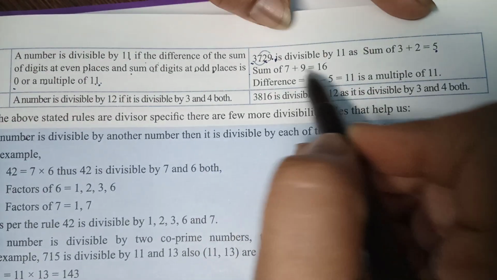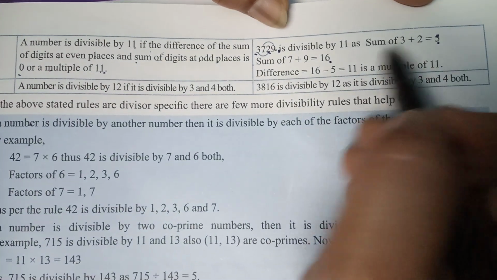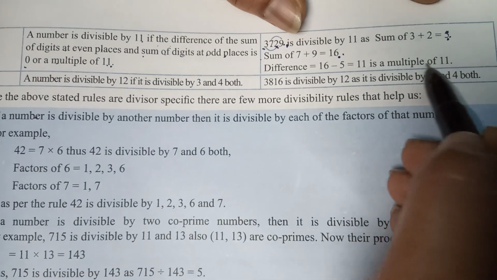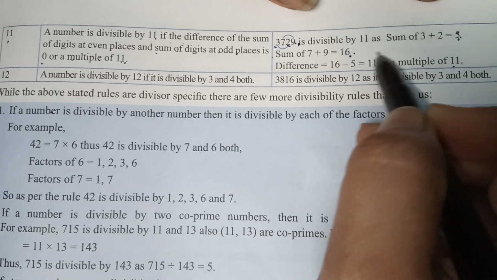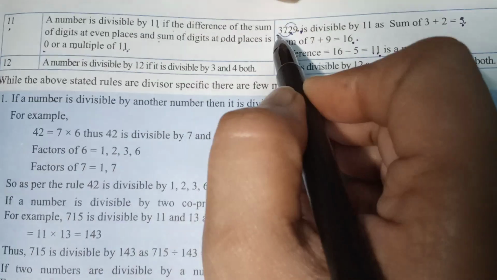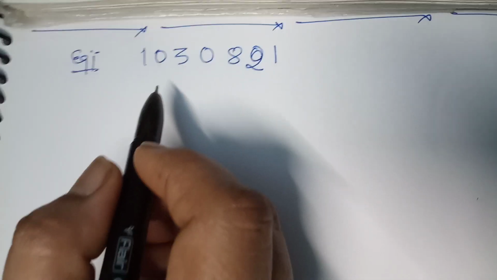The sum of 7 and 9 is 16, and the difference of these two sums, 16 minus 5, is 11. If this difference is 0 or 11, then the number is divisible by 11, otherwise not.